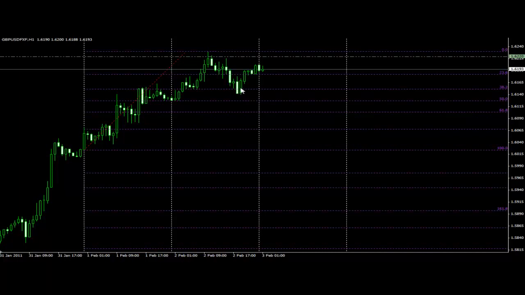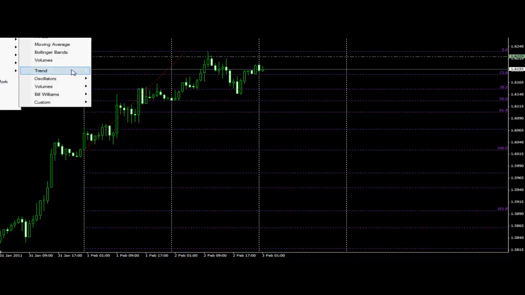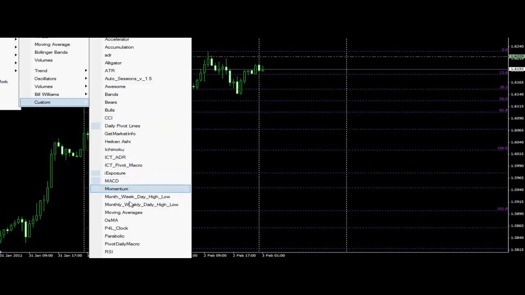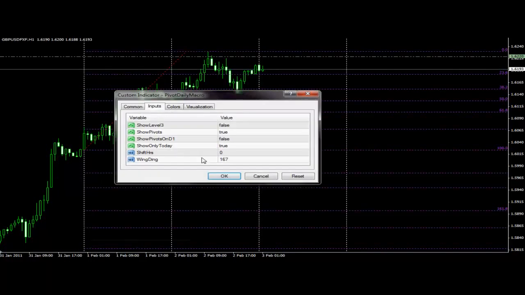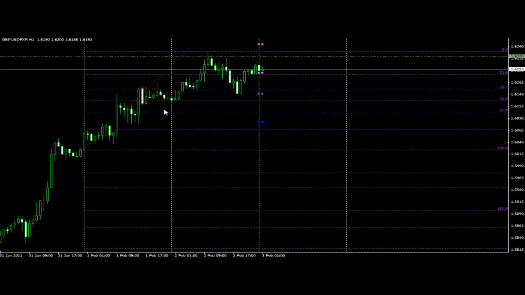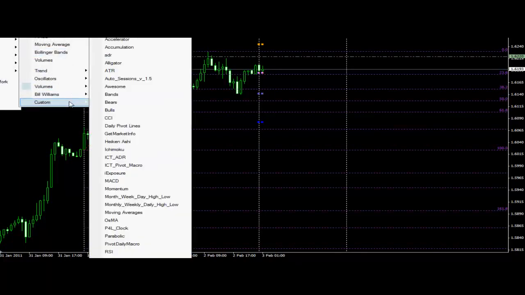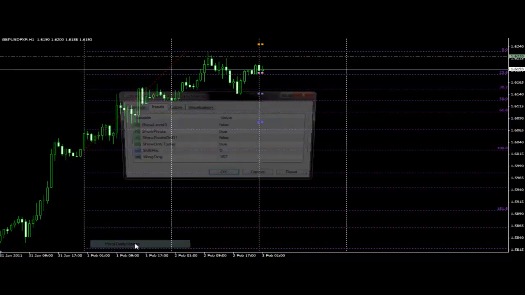Also, since this area here, let's throw our pivots back up again one more time, and you'll see that we do have a confluence of support.